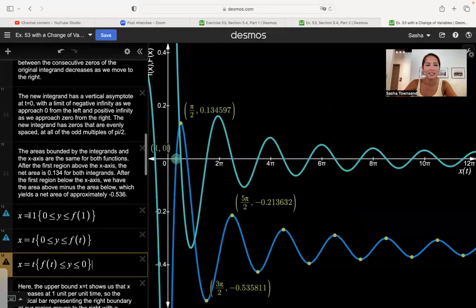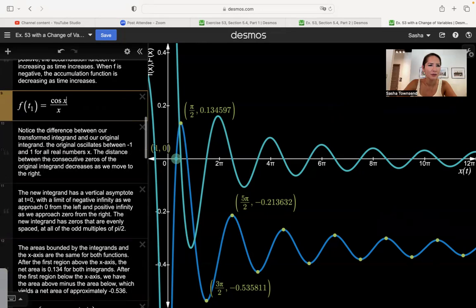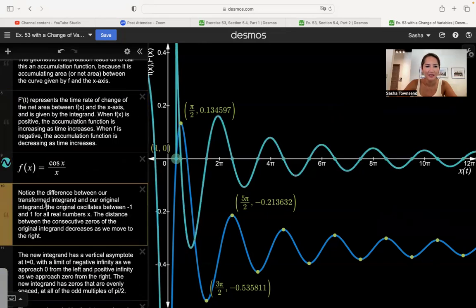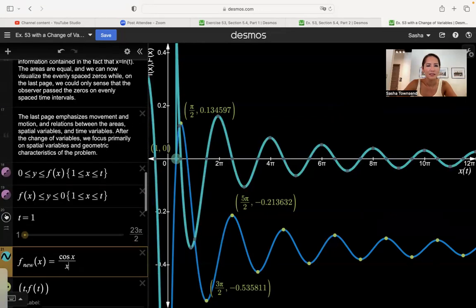And we're integrating from x equals 1 to, I think it's like 23 pi over 2, something like that. Having a little bit of problems with my code. That should be an x. Sorry. There we go. So now let's let t increase from 1 to 23 pi over 2.